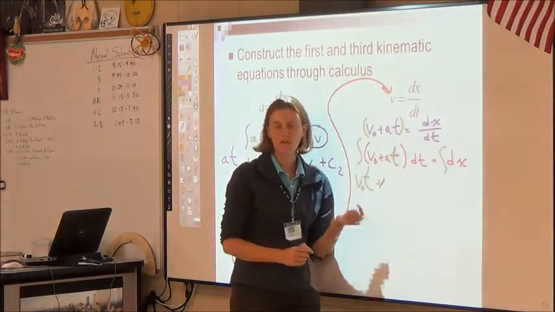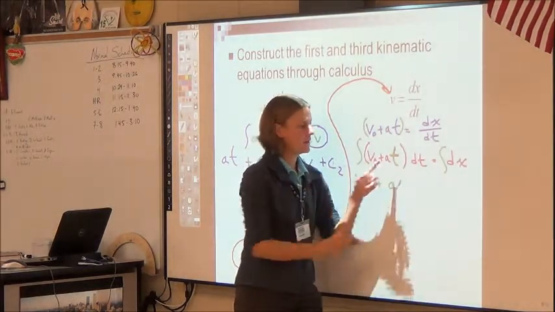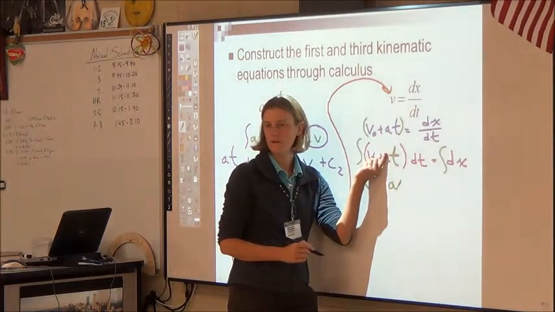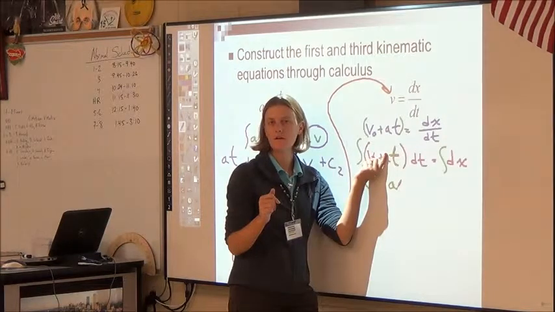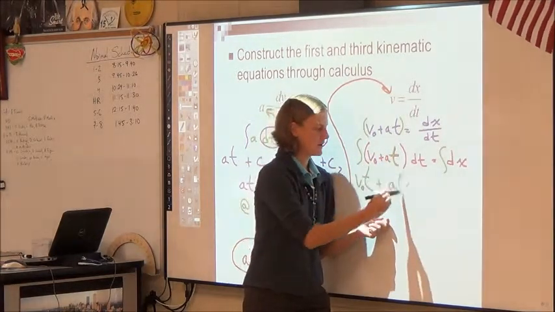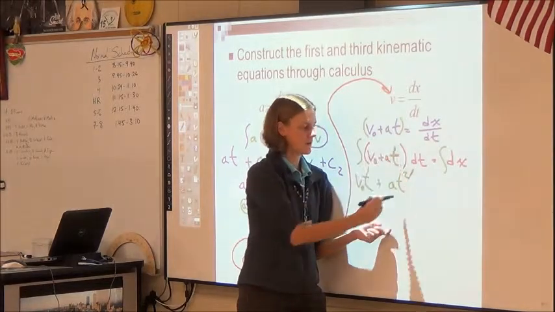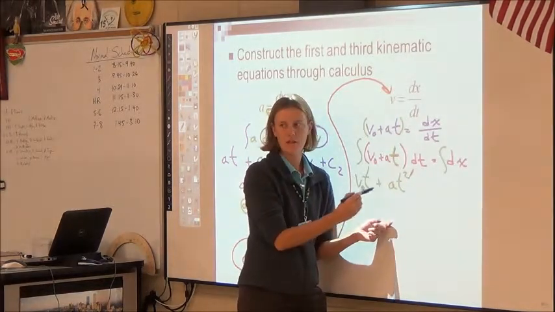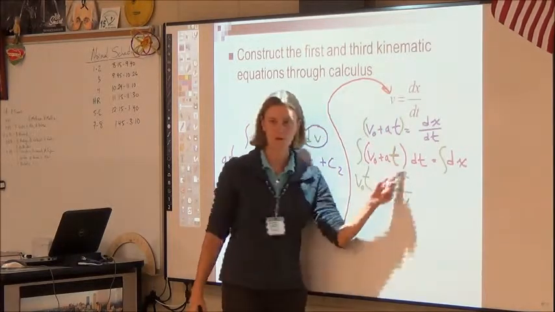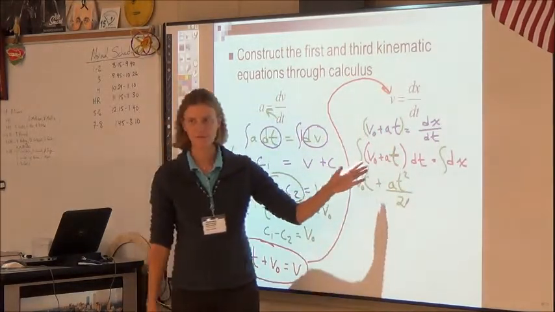Now, a is a constant, so I'm going to leave a, but how do you integrate the variable itself? You bump up the exponent, so add 1 to the exponent and divide by that exponent. So again, remember, it's the opposite of derivatives.